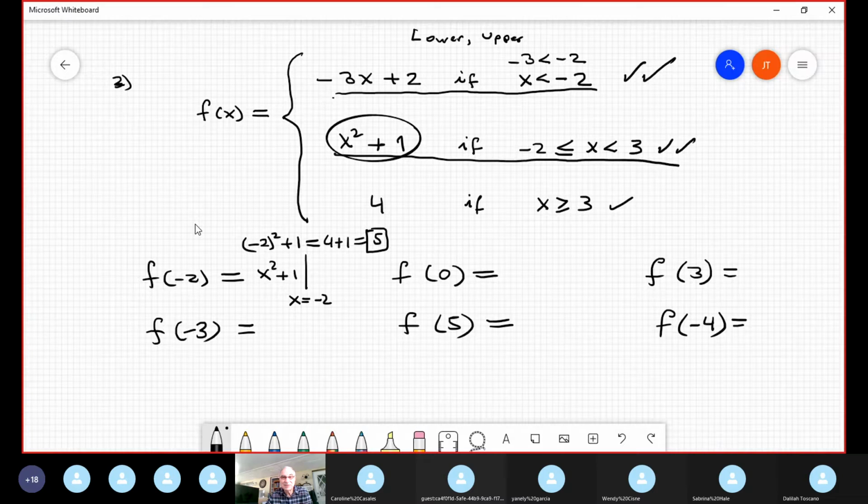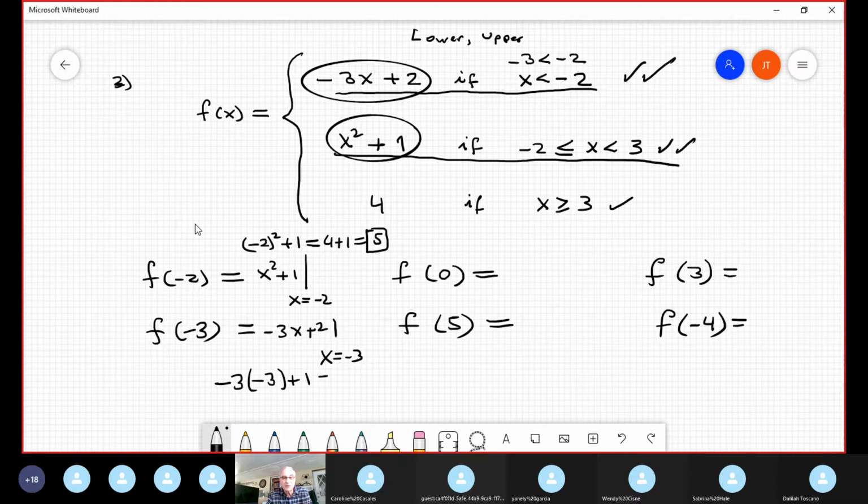So you select the first one, negative 3x plus 2, and you evaluate at negative 3. Be careful with the sign. We have negative 3 as the coefficient, x is negative 3, double minus becomes positive. 3 times 3 is 9, plus 2 is 11. And this is my second answer.